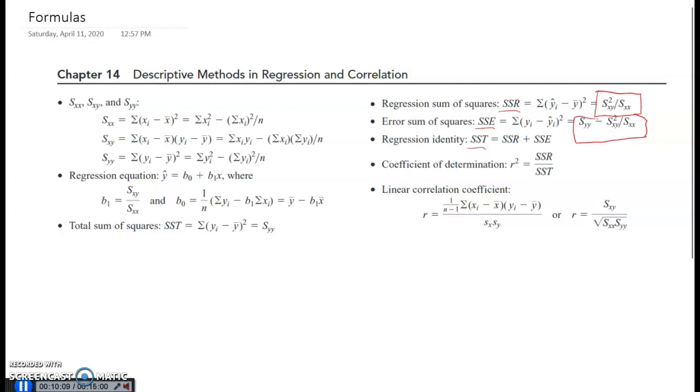So recall, to find our coefficient of determination, which is r squared, we need to take SSR divided by SST. The SSR computing formula is right here. Let's copy that onto our paper.